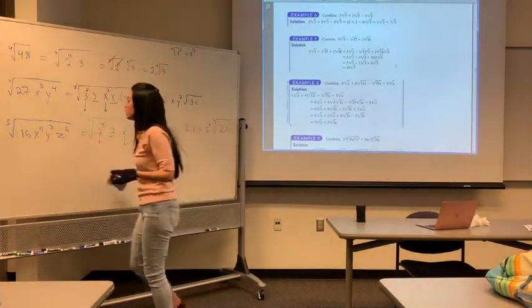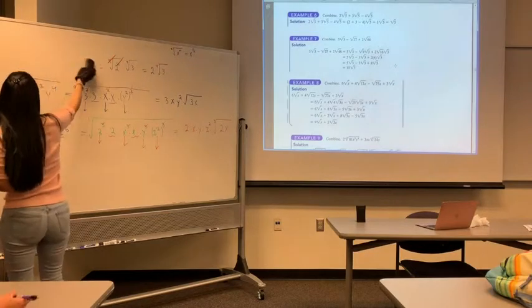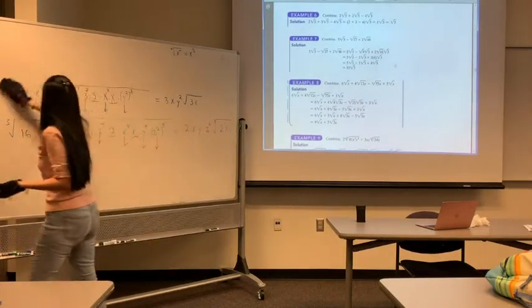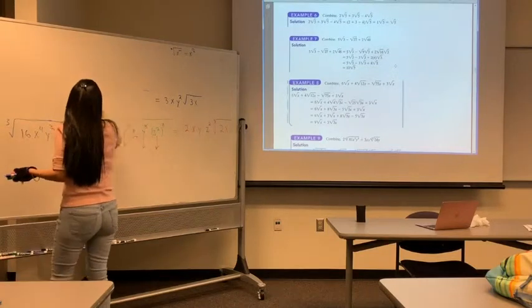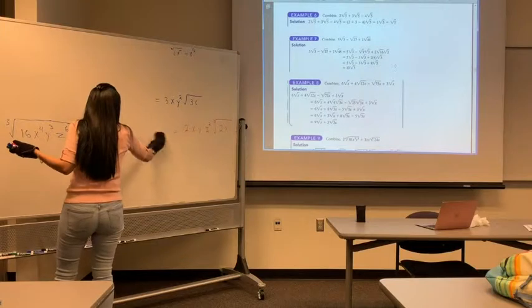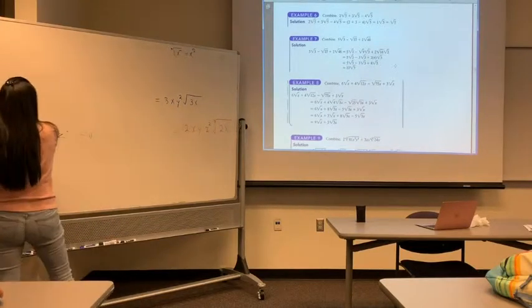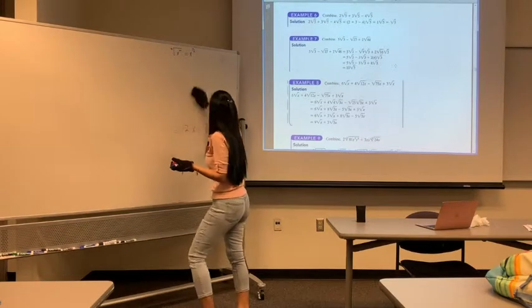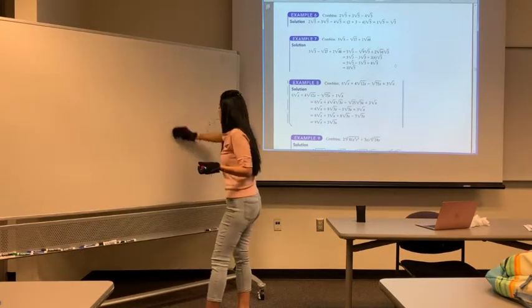Okay, so now these were all multiplication, and now we know how to simplify this. This new topic is about adding and subtracting radicals.